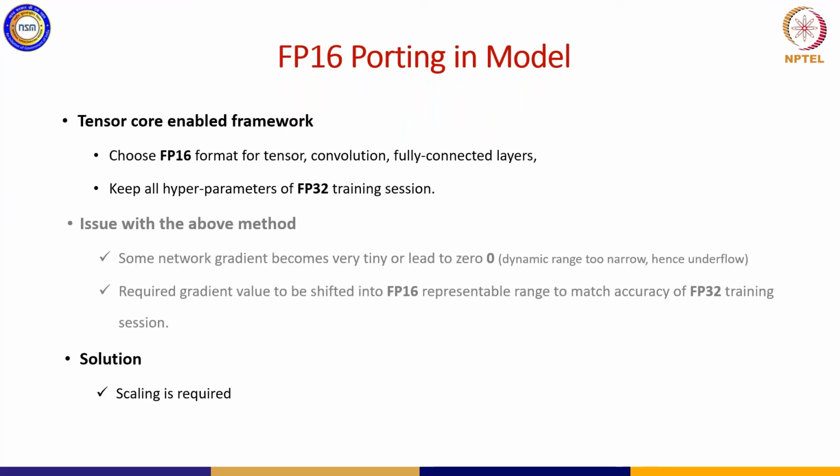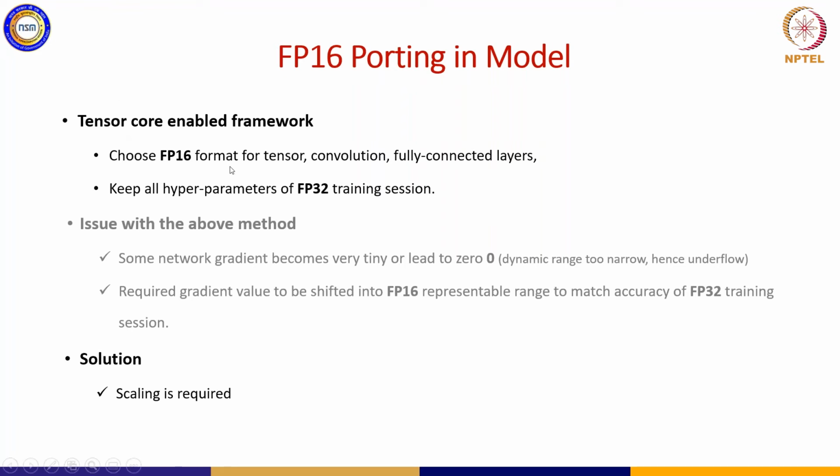So during FP16 porting in your model, how will you be able to achieve this? You use frameworks that have Tensor Cores enabled, because the task is actually performed by Tensor Cores. Those Tensor Cores also have precisions based on FP16 and FP32.